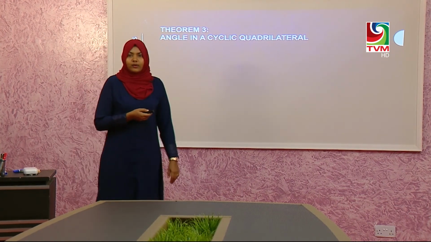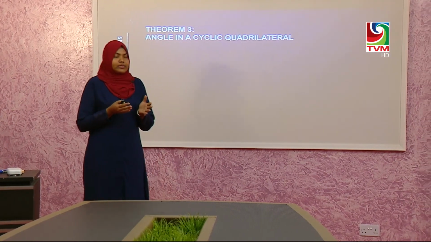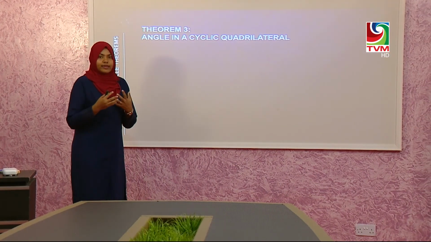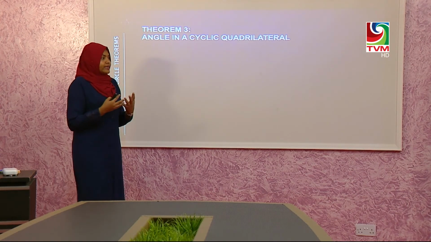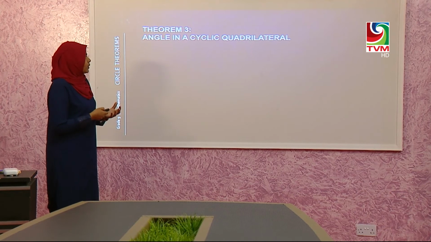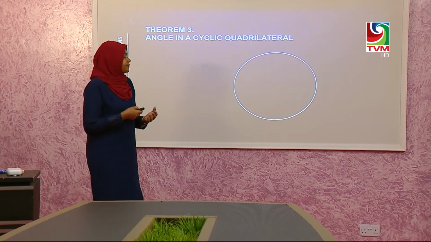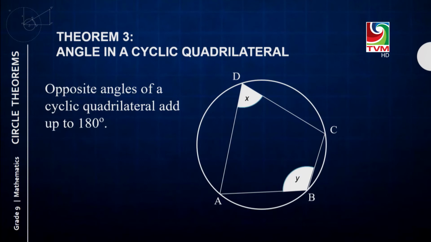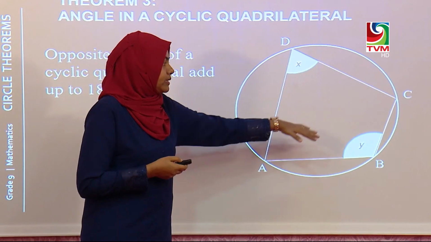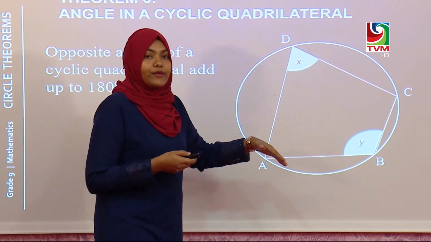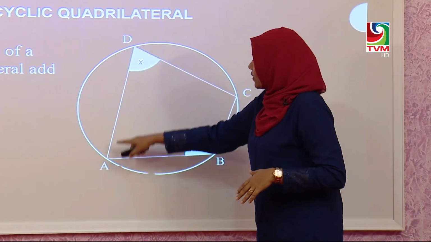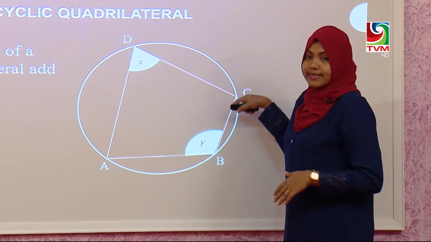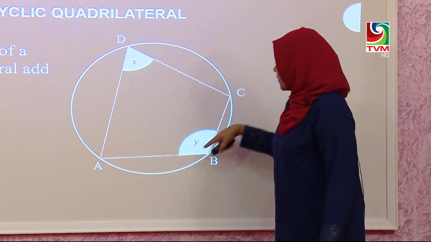What is a cyclic quadrilateral? From the word itself, it talks about a cycle, quadrilateral. In the previous lesson, you have learned what a quadrilateral is and the relationship between a quadrilateral and a polygon. A quadrilateral should include 4 sides, and if it is a cyclic quadrilateral, the vertices must touch the circumference of the circle.